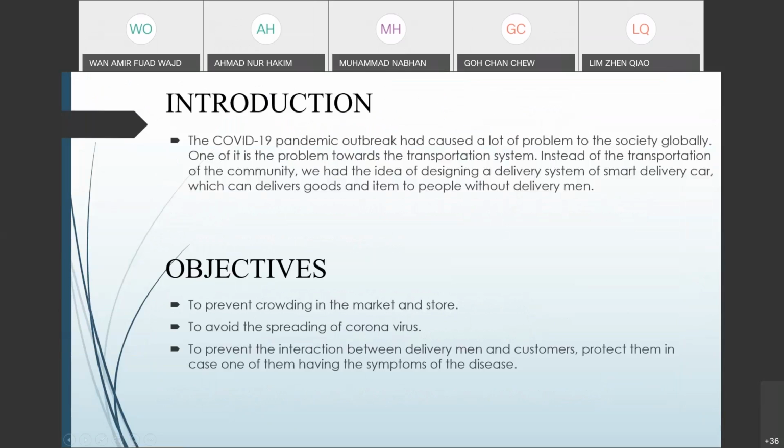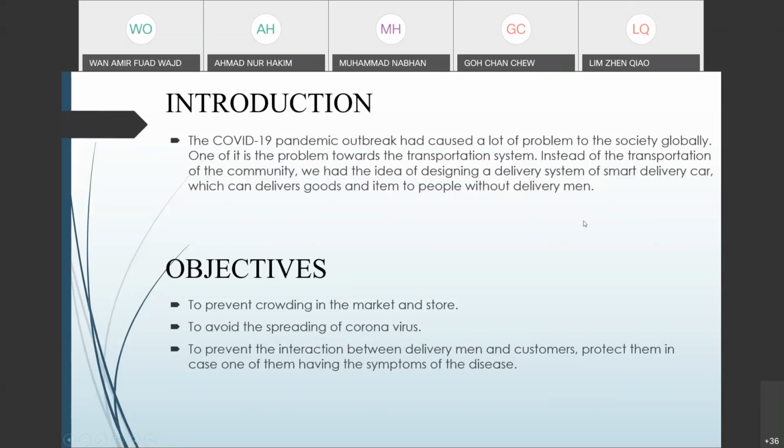The COVID-19 pandemic outbreak has caused a lot of problems to society globally. One of them is the problem towards the transportation system. Instead of the transportation of the community, we had the idea of designing a smart delivery car, which can deliver goods and items to people without a delivery man.